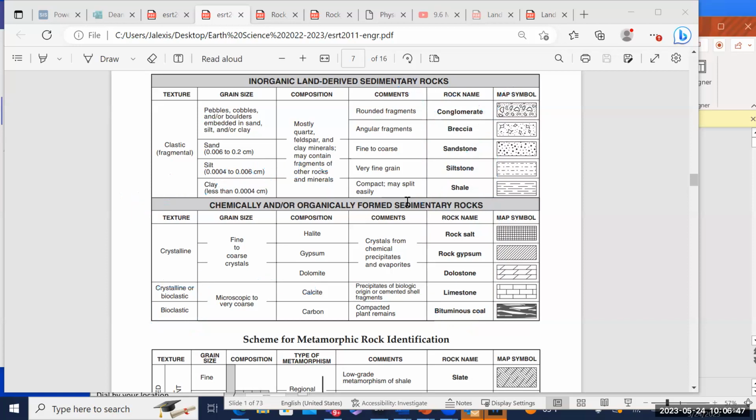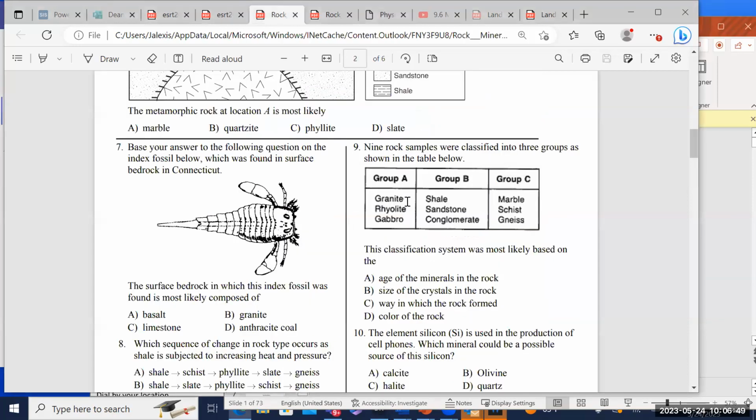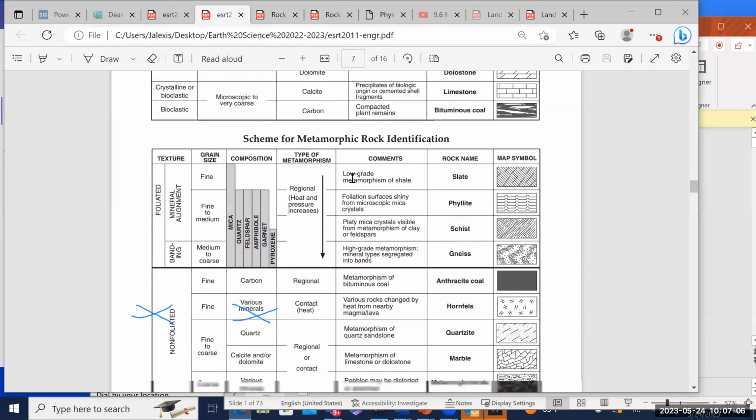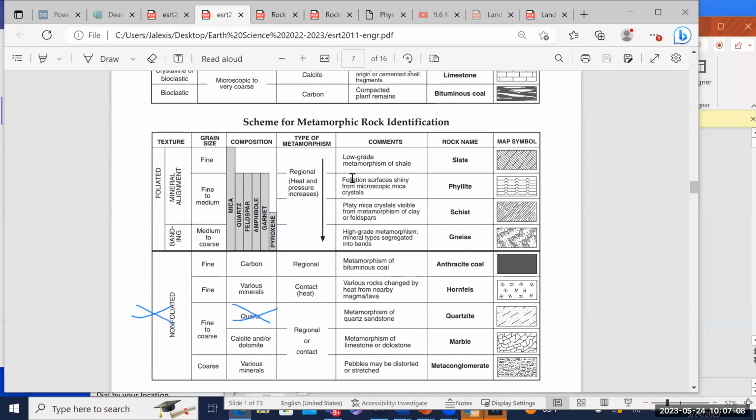So when I look back at the test, I didn't see basalt as a sedimentary rock. I didn't see granite as a sedimentary rock. And if I even double check, anthracite coal is actually a metamorphic rock, so it can't even be that. We know it has to be a sedimentary rock, and we know it has to be a bioclastic sedimentary rock.